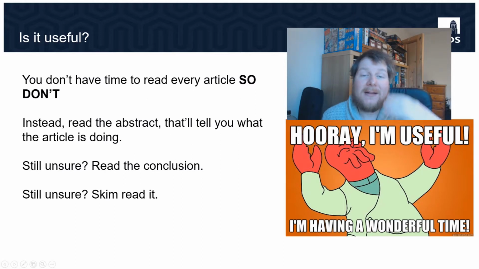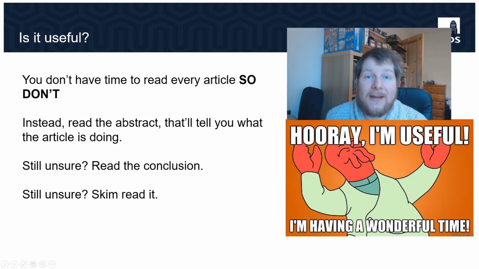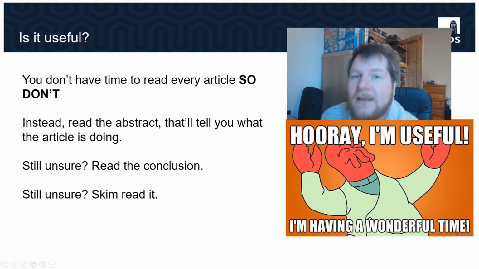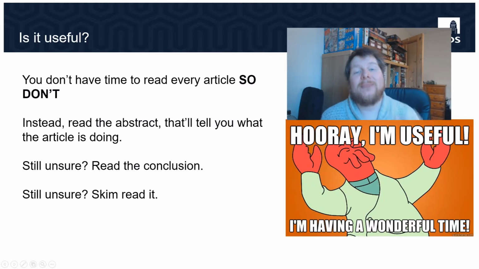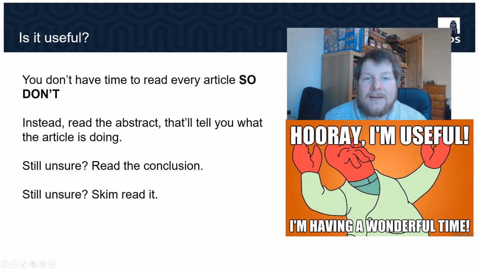And they will tell you if the paper is relevant to you. If you read that and you're unsure, then keep it to look at in more detail in a few moments. But if it doesn't sound relevant, it probably isn't, so get rid of it. You can remove that article for the time being and focus your efforts on other pieces of work.